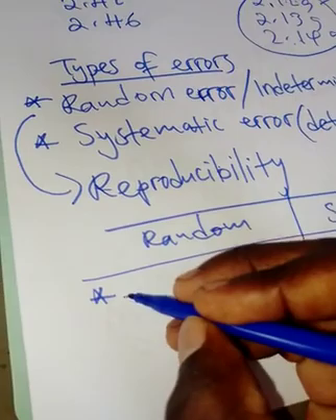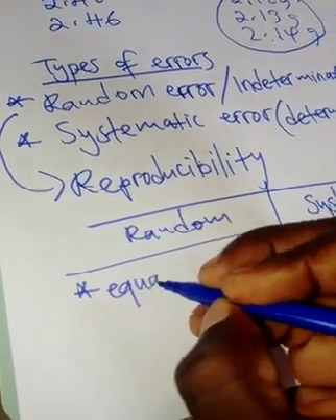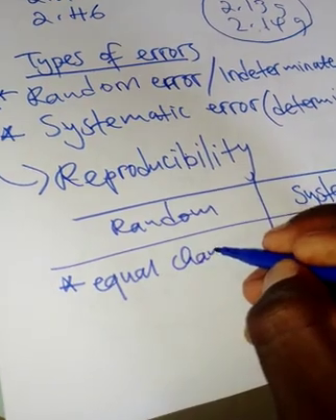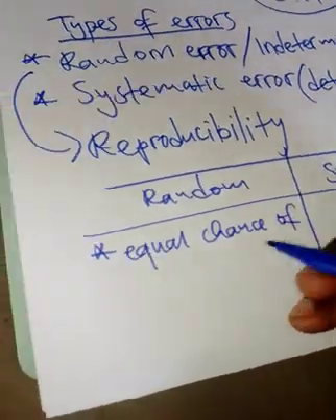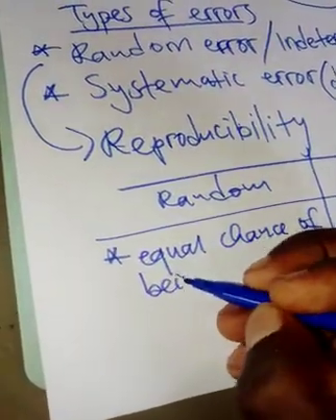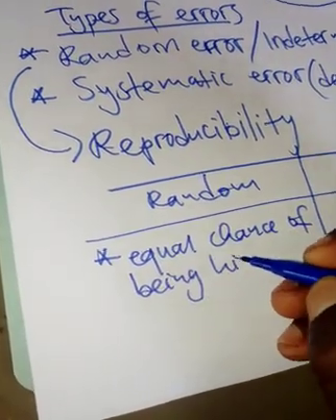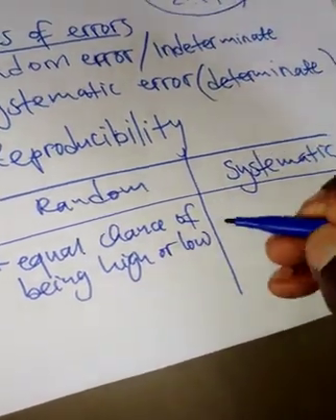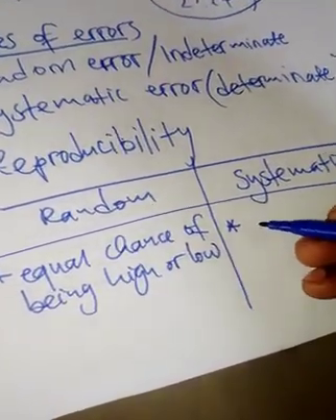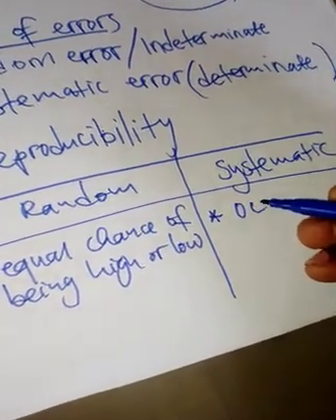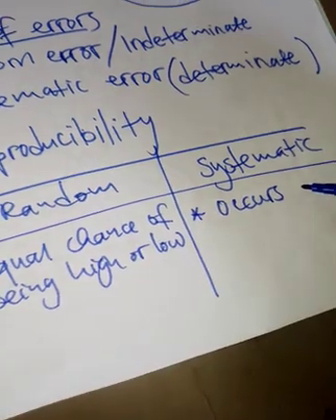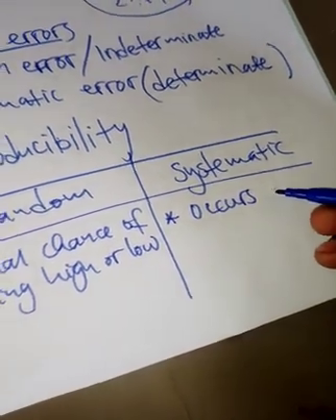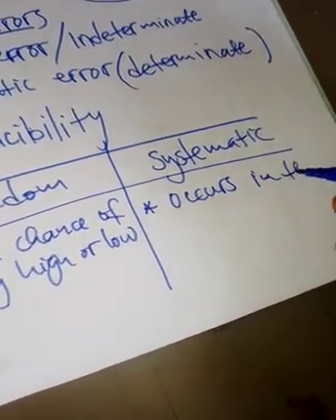For systematic error, it occurs only in one direction, in the same direction.